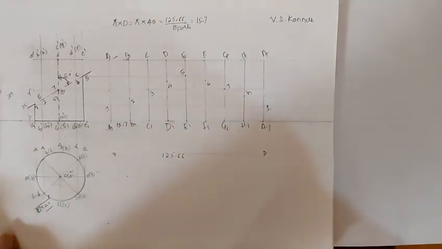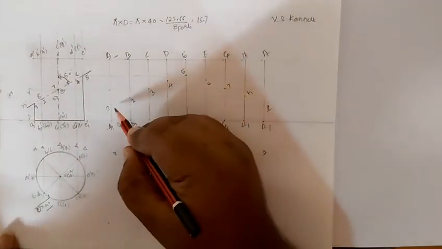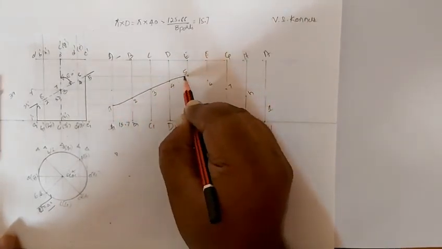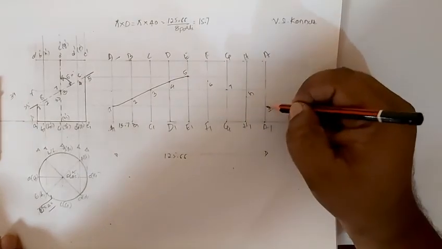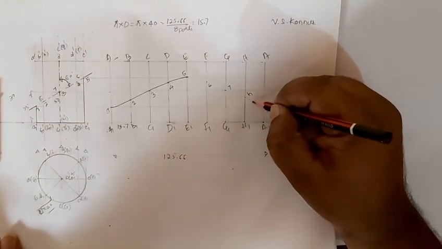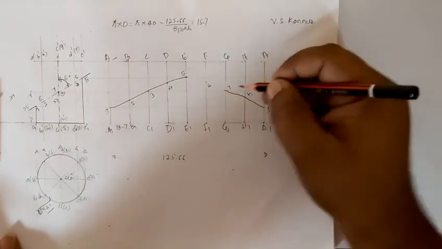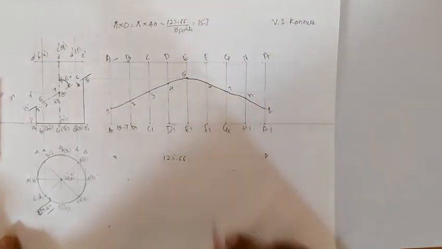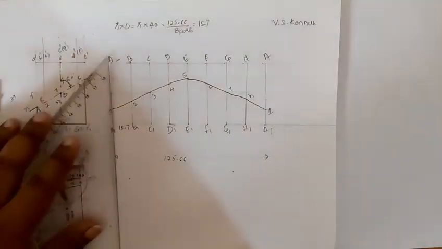We'll join all the points with a curve. Right. And the border line will be made dark.